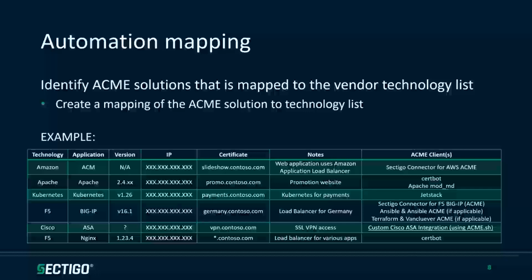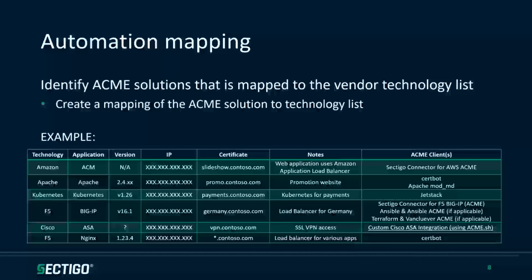Automation mapping. This will be the fun part. ACME is a theme here. ACME is a standard protocol that was developed specifically for automating certificates, specifically SSL certificates. Once you have that list, there is a myriad of different types of ACME clients out there that could automate a certificate to the given platform itself.